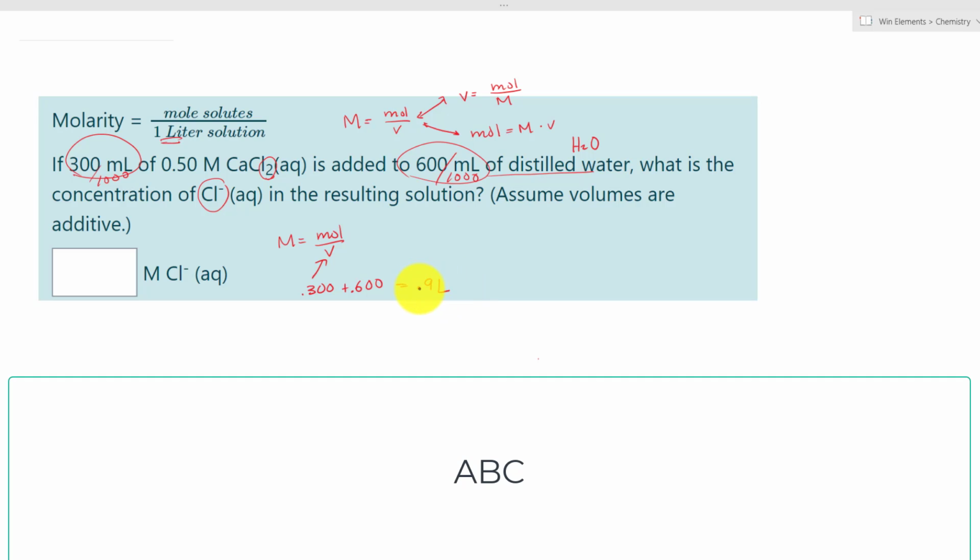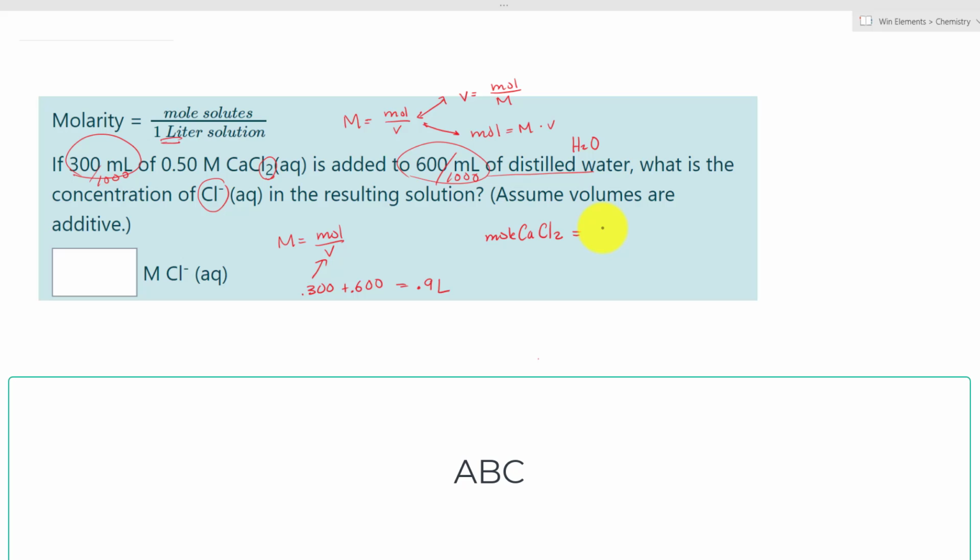That's pretty easy. The part that's really tricky is the mole part. Well, first of all, we cannot solve for chloride directly from molarity. We have to solve for calcium chloride first. So to figure out mole, mole is equal to molarity times volume. So this is moles of calcium chloride. So I'm going to put mole calcium chloride equal to molarity times volume.